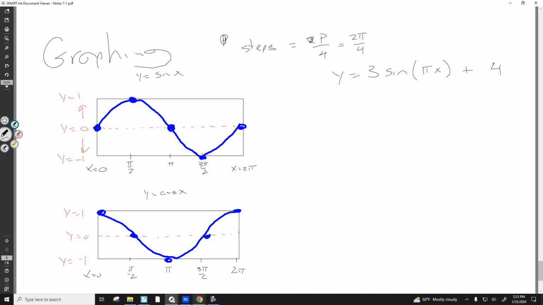Graph this. Now, what you are used to doing, guys, is starting with an XY axis and graphing. What we're going to do is shift the box. What you can't see, but what's there is that there is an x-axis here.